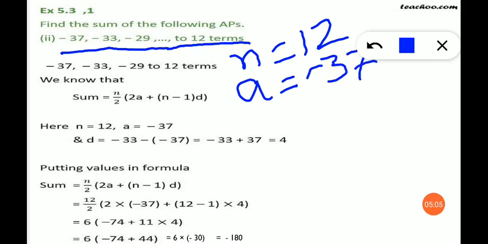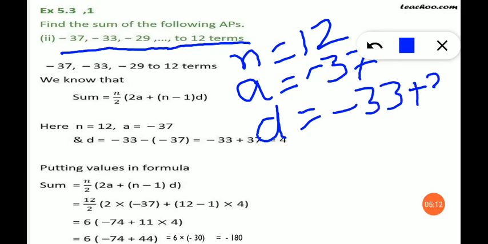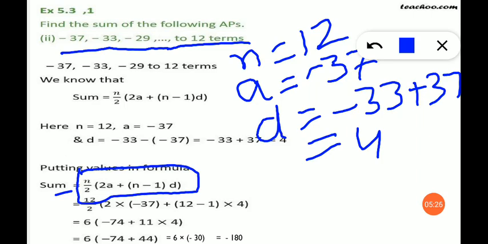And d is equal to minus 33 plus 37, which is equal to 4. So these three things are given, and we have to find the sum using the formula n/2 [2a + (n - 1)d]. So again, substitute the values and solve it. After solving, we'll get minus 180 as the answer.